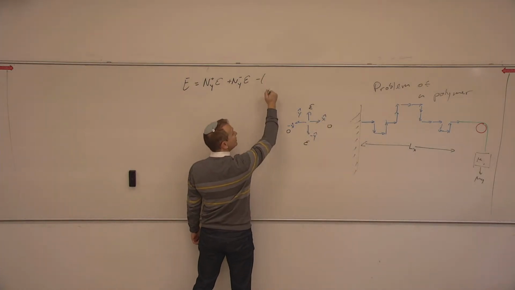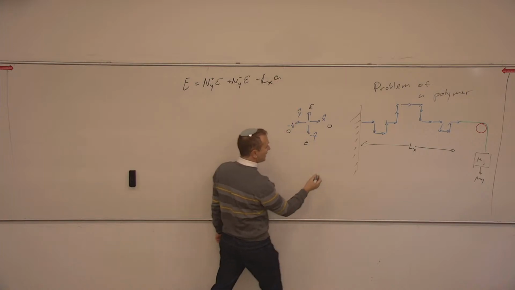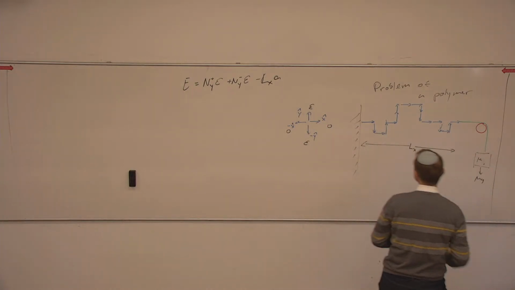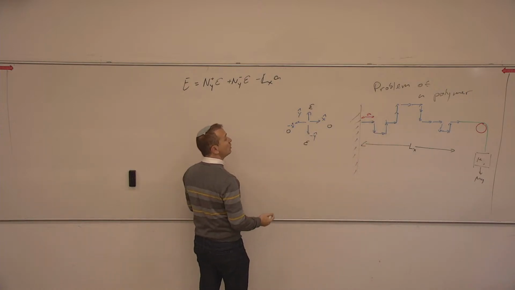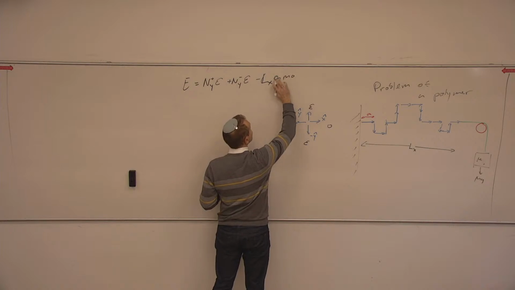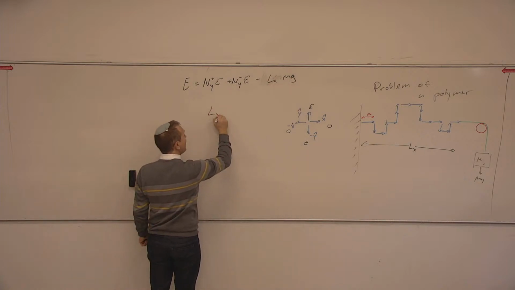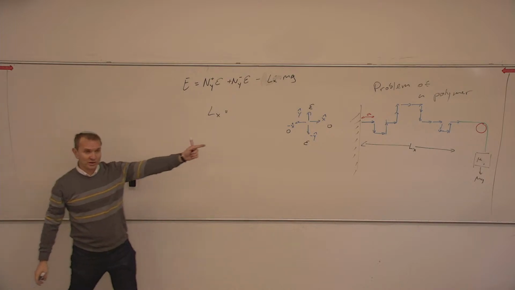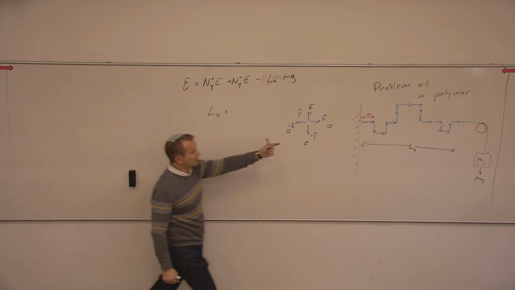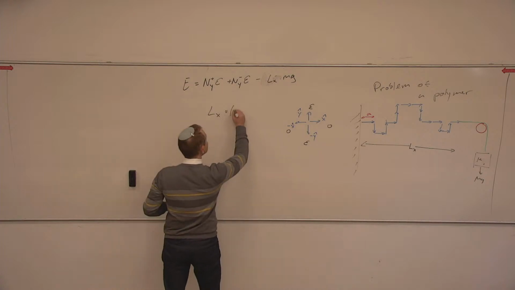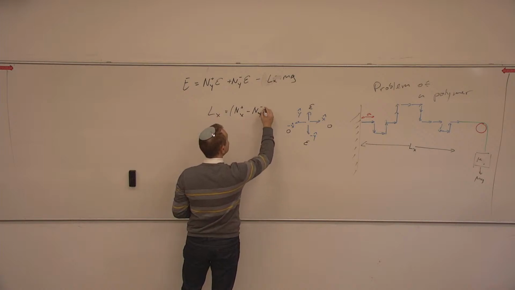So we have Lx multiplied by mg. And Lx is the total number of monomers that are pointing to the left minus the monomers that are pointing to the right, multiplied by the size of each monomer, which is A. This is Nx plus minus Nx minus, multiplied by A.